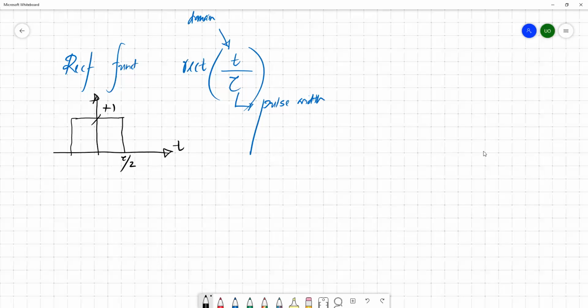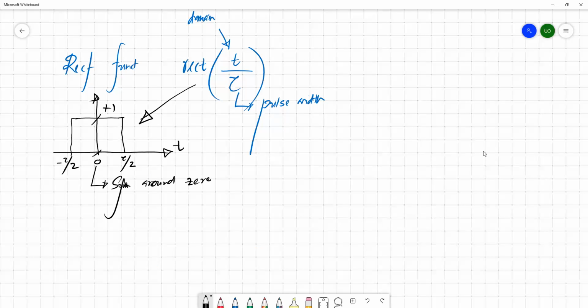Here it's tau by 2, and here it's minus tau by 2. So keep in mind that this rectangular pulse is always symmetric around 0. From the definition itself, this rectangular function is symmetric around 0.